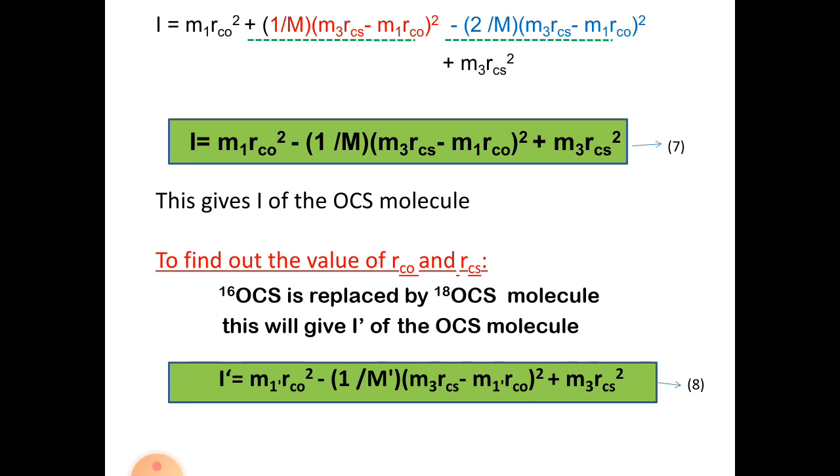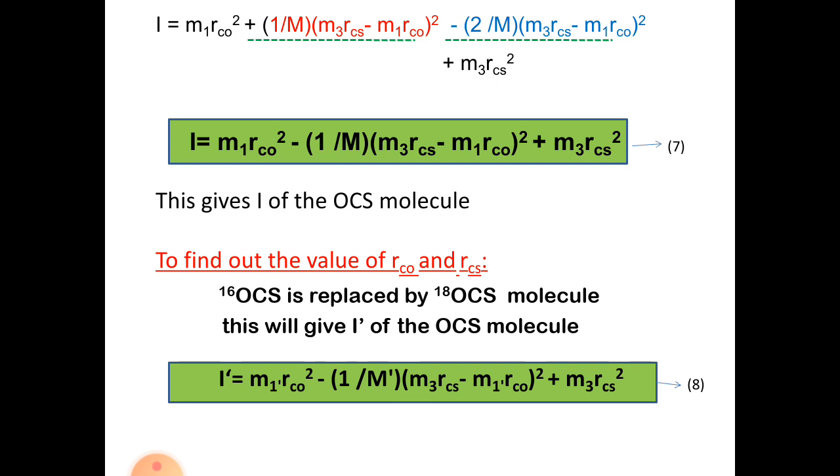Now, O18CS is isotopic molecule. As we know, when a rotating molecule is substituted by its isotope, the interatomic distance remains the same. Mass will be changed. This leads to change in moment of inertia. So, mass of the oxygen will be changed. Therefore, mass of the oxygen M1 is replaced by M1 dash and total mass M is replaced by M dash.